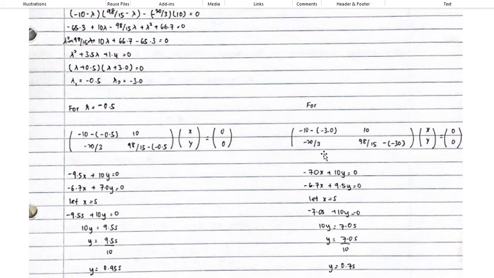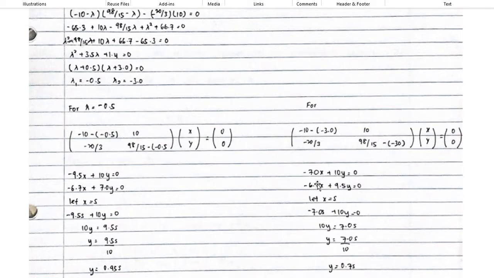This part simplifies first, then we times it with this part equal to 0, and we change x equal to s. Then I take the first equation so that I can find the y.